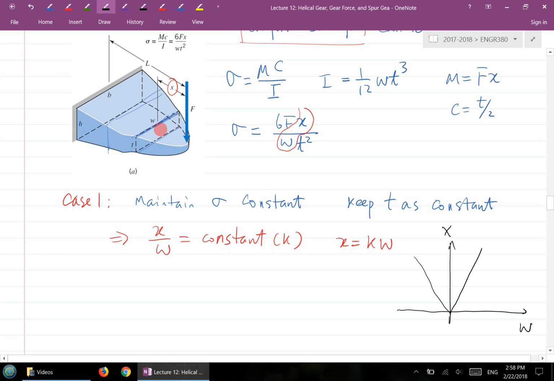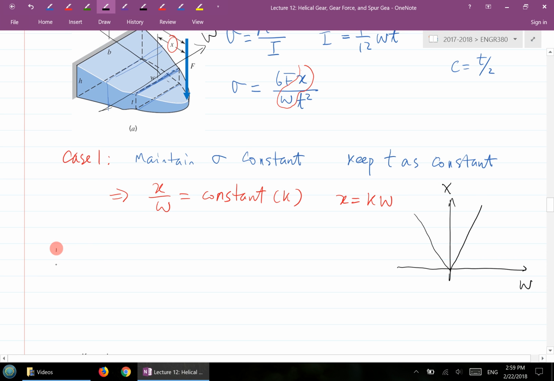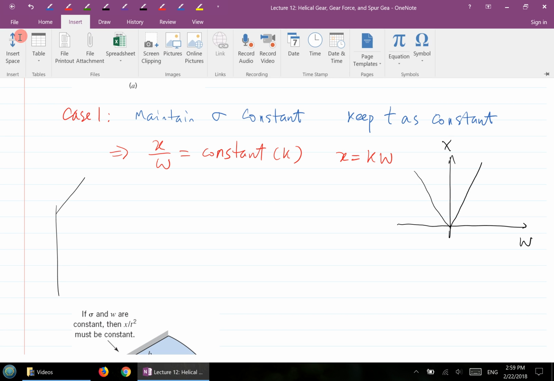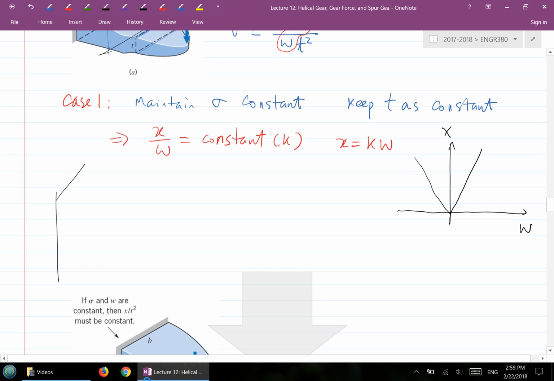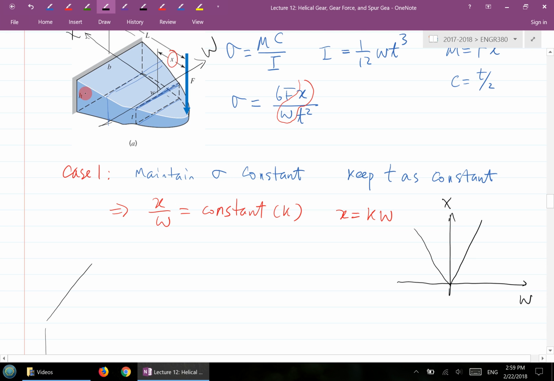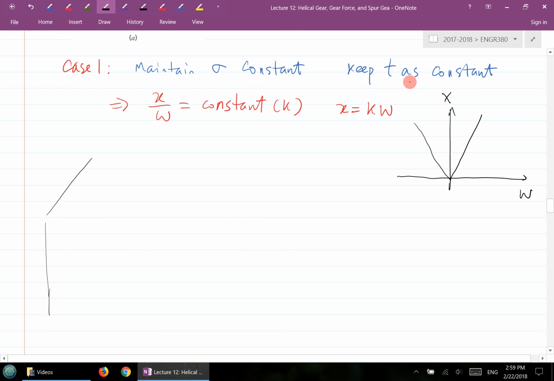So you look at this drawing here. Here's your x, right? This is your x at here, and here's your w, right? If you relate them, this is the y-axis, this is your w-axis here. So now you can visualize if this is the side of the wall at here. Move this down a little bit. Okay, if this is the wall right here, what would be the shape of this object now? T is a constant, so let's say this is a tape right here.